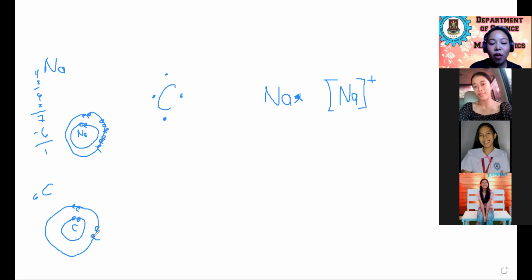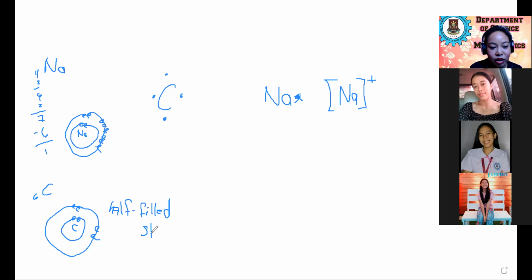So, kung imo pud ni siyang kuhaan og isa, di ba? Kung imong lantawon ang upat katunga na siya sa 8. So, gitawag na ni siyang half-filled stable.